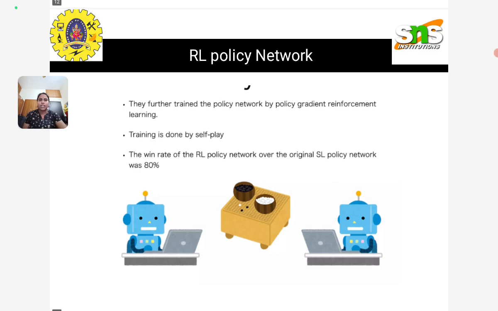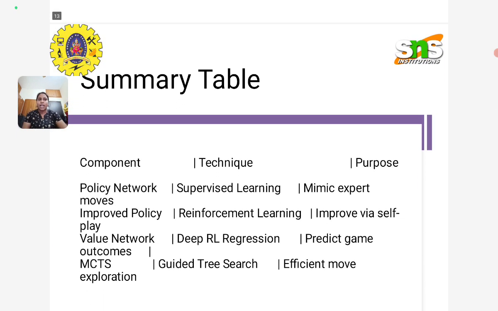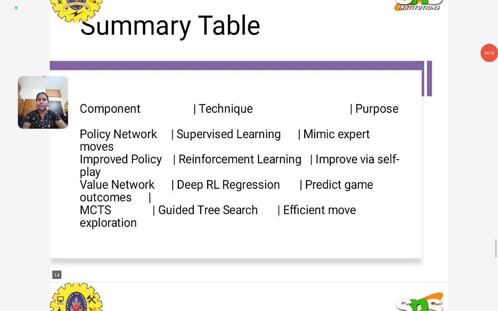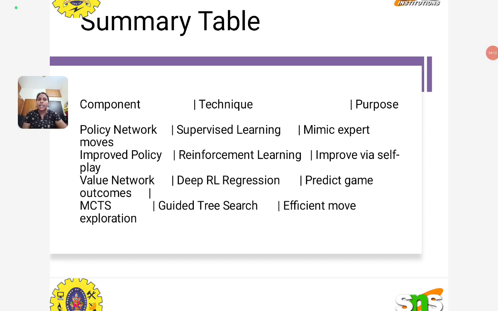So this is the network policy, and the summary table has the component, technique, and purpose. The component is the policy network for moves, the technique is supervised learning, and the purpose is to mimic experts. The improved policy uses reinforcement learning to improve through self-play.